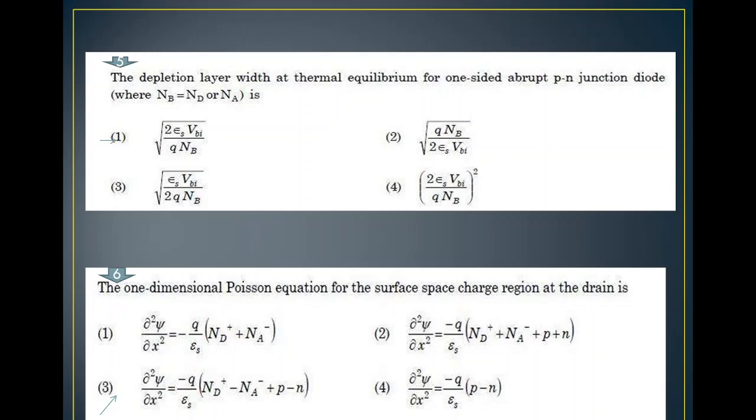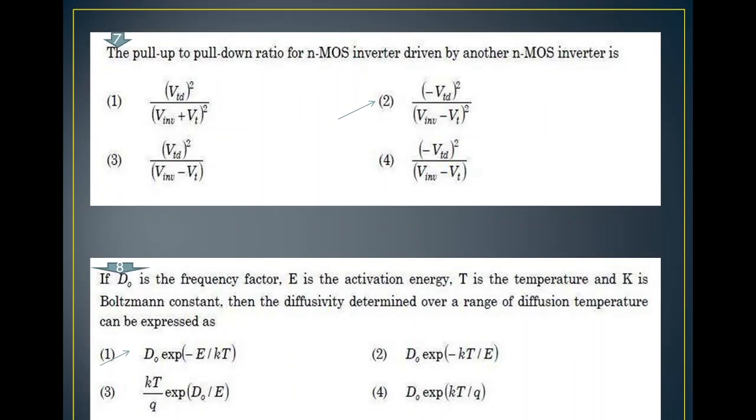This is a simple theoretical question, and your correct option is third, that is del square psi upon del x square is equal to minus q upon epsilon s into ND plus minus NA minus plus p minus n, where ND is the number of donors with positive sign and NA the number of acceptors with minus sign, and p is the holes and n is the electrons.